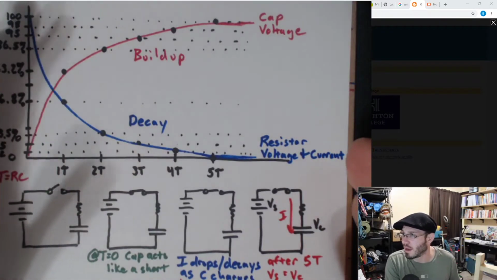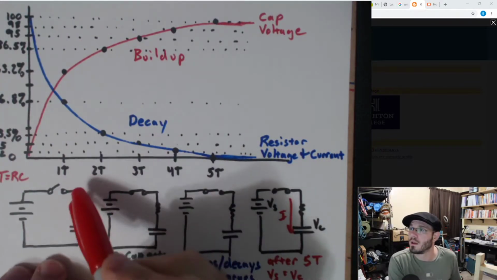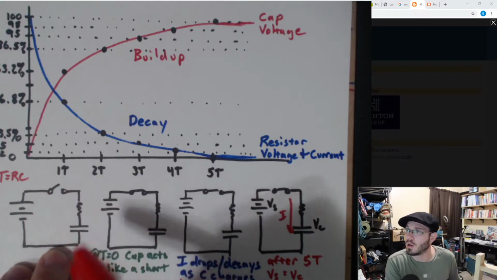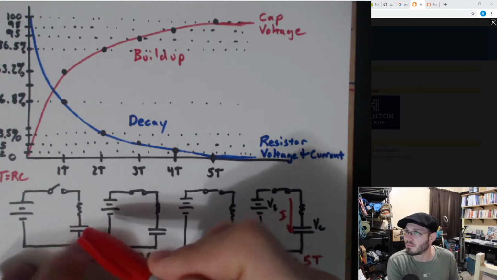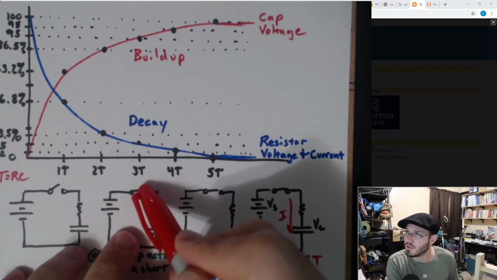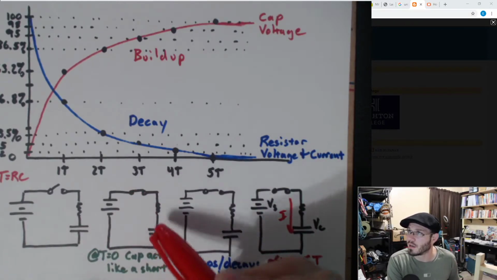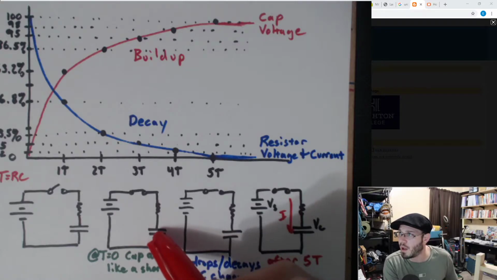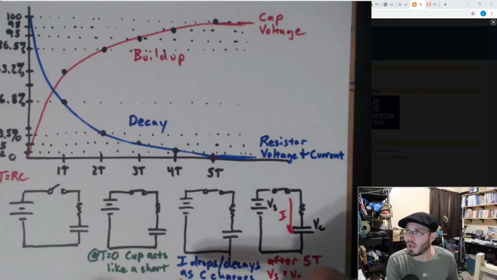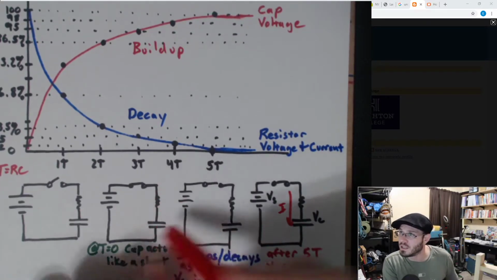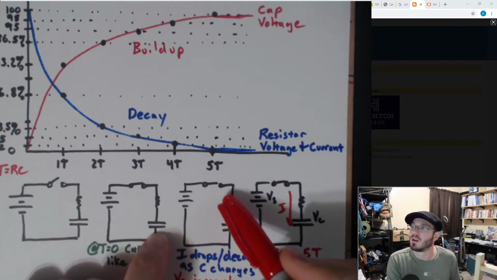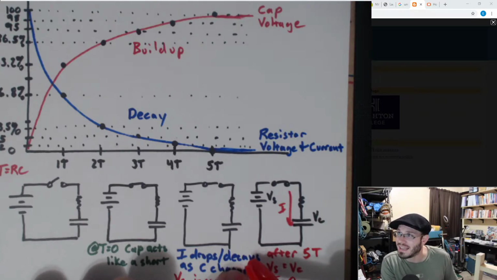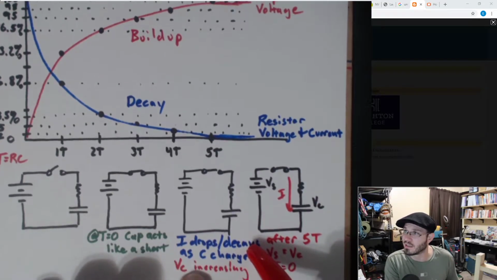So you can kind of think about this as a storybook. At least that's how I think about it. At time 0, no current flowing through this, no charge on the cap, 0 amps, 0 volts. You close the switch, this acts like a short. We get as much current through this as possible, dictated by Ohm's law. As voltage increases on the cap, all of a sudden I starts getting less and less current.